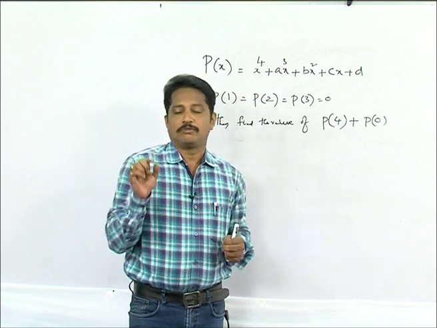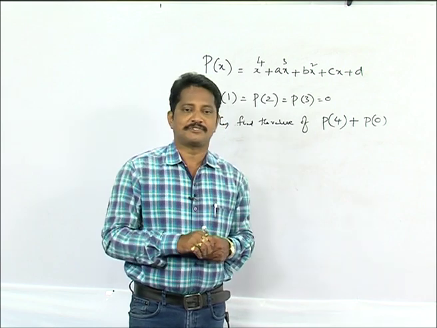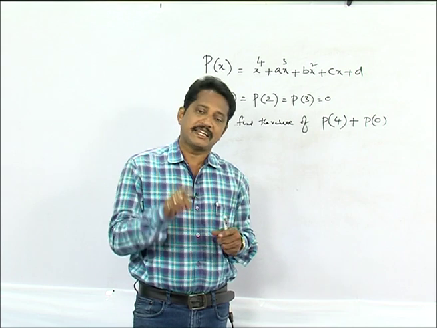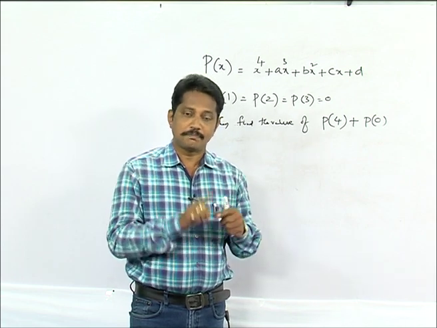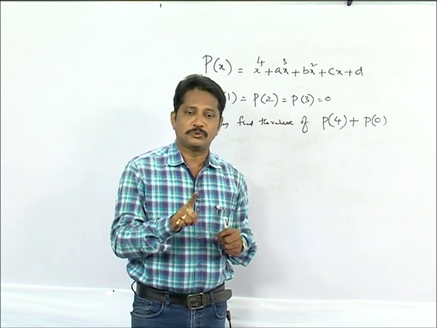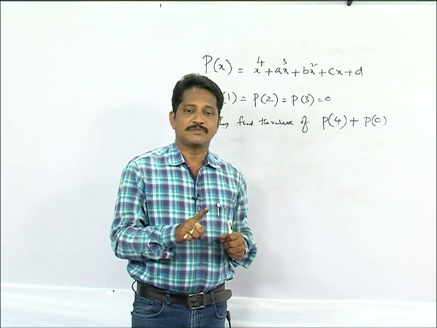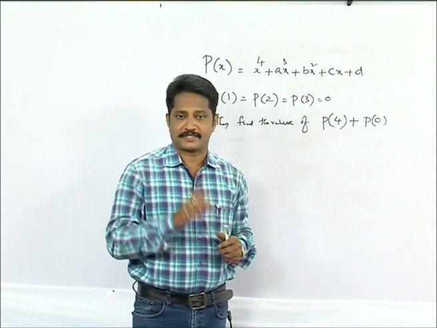Good. What is p of 2 equal to 0? x minus 2 is a factor of p of x. Good. What is p of 3 equal to 0? x minus 3 is a factor of p of x. So p of 1 equal to p of 2 equal to p of 3 equal to 0 means x minus 1, x minus 2 and x minus 3 are the factors of p of x.